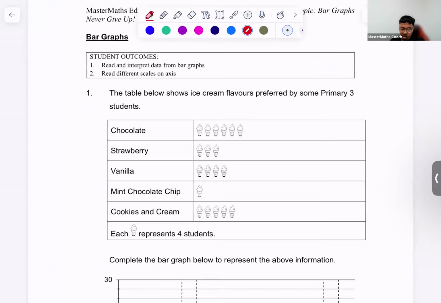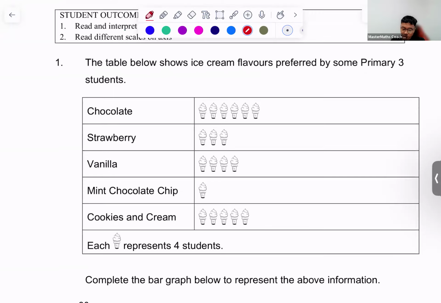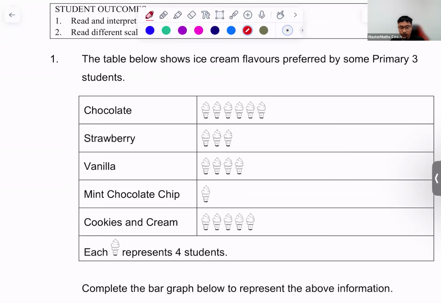So you have 5 flavors: chocolate, strawberry, vanilla, mint chocolate chip, and cookies and cream. Each bar is represented by one ice cream cone, and at the bottom here it says that each ice cream cone represents 4 students.